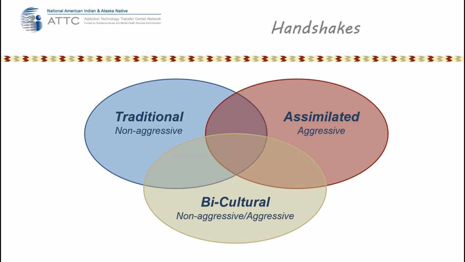In a more assimilated culture, an aggressive, strong handshake shows that somebody is confident and willing to engage with you in a conversation. So in an assimilated culture, aggressive handshakes might be seen as a better thing. Bicultural people will walk in both of those places. In a traditional setting, they might have a less aggressive handshake, and in a non-traditional setting, a more aggressive handshake.